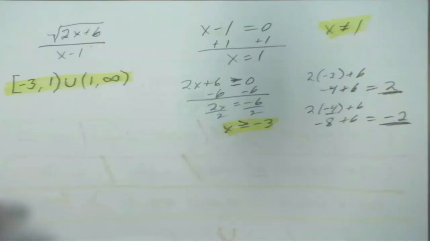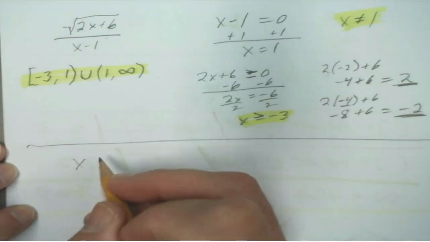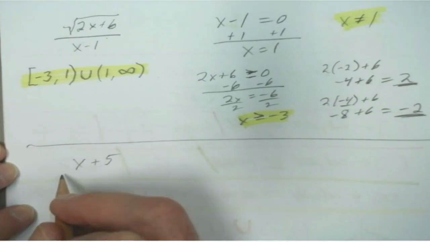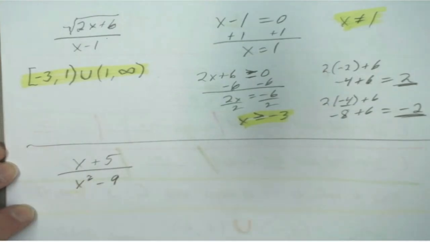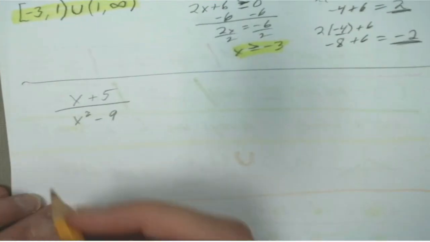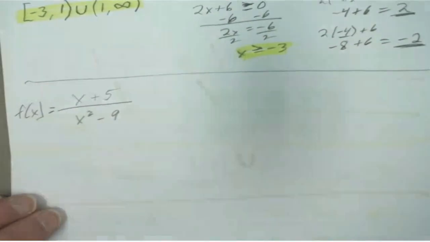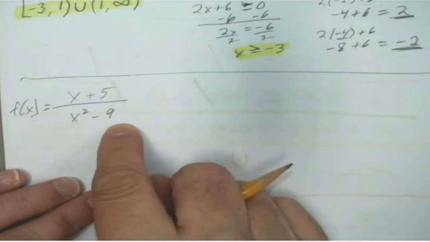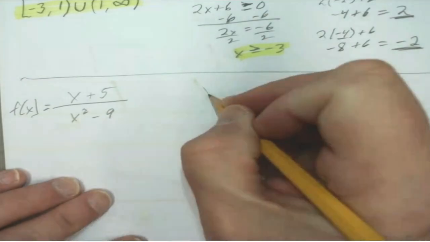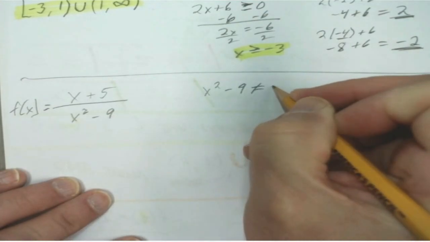So our equation, f of x equals x plus 5 over x squared minus 9. Okay, that's our equation. So we know that x squared minus 9 cannot be 0.